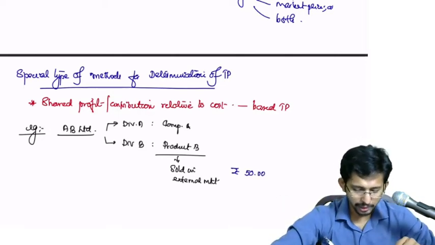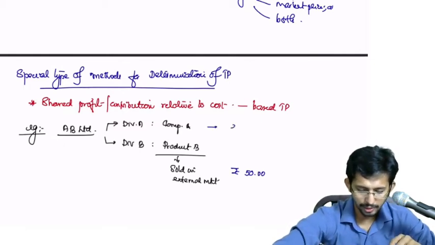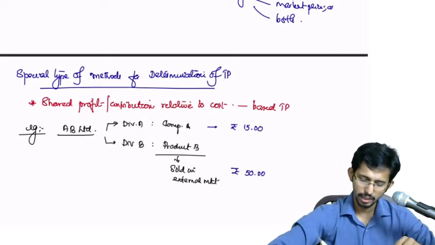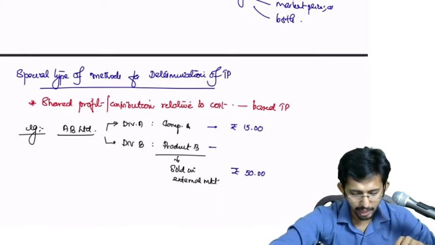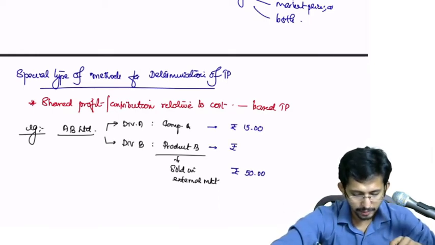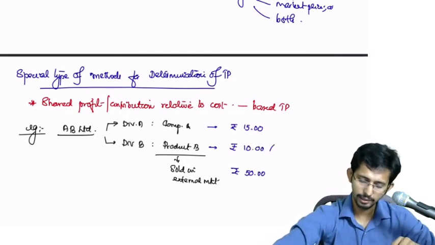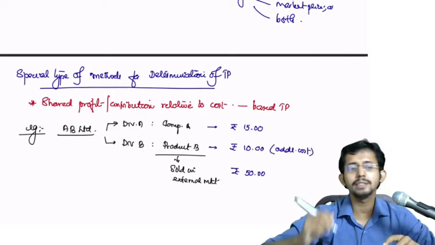Now for producing this component, division A has a variable cost of, let us say, rupees 15 per unit, and once the component reaches division B, it will have to incur a further cost of, let us say, rupees 10 per unit. This is additional cost excluding the TP.